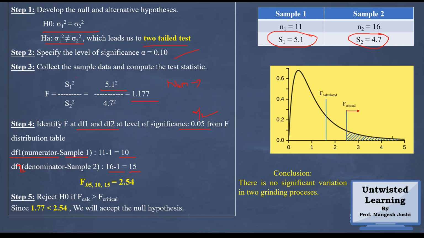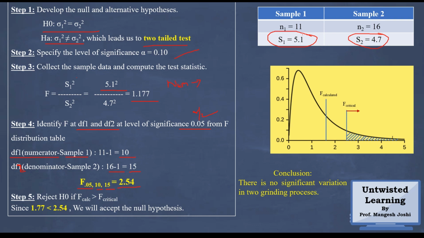Now in the table, you have to see the value F at level of significance 0.05, which is alpha by 2, comma 10, comma 15. That is, first you have to see the degrees of freedom of the numerator followed by the denominator. So the numerator's degrees of freedom is 10 and the denominator's degrees of freedom is 15. It comes out to be 2.54.